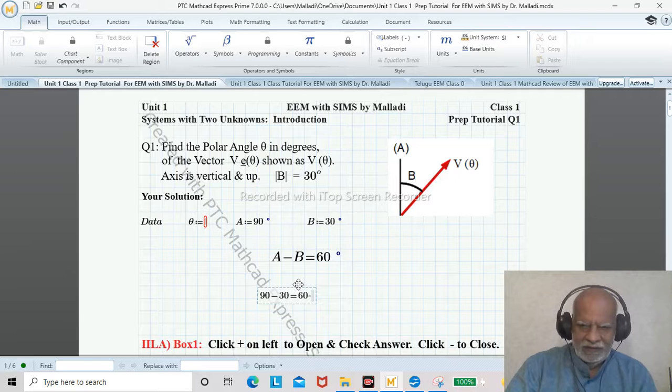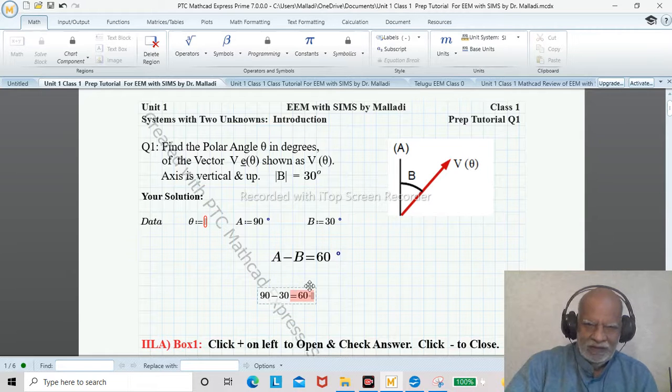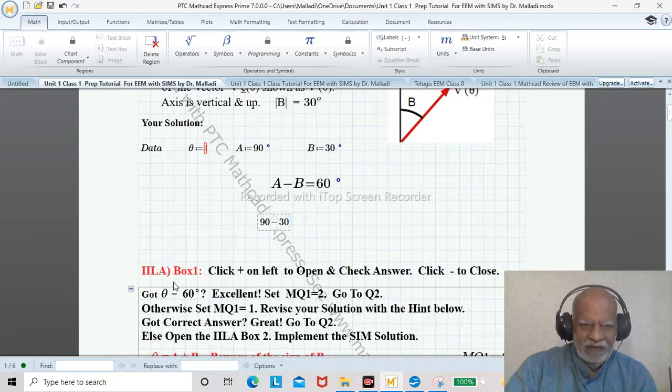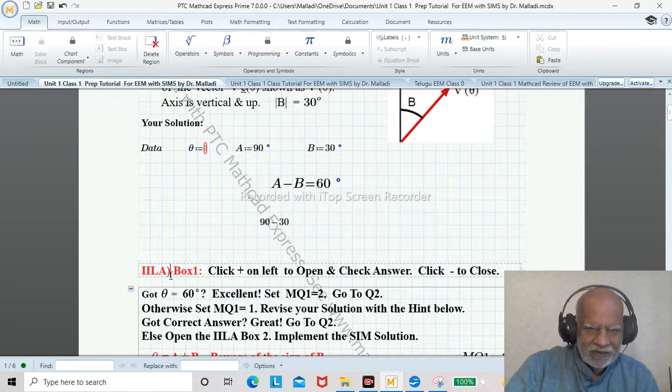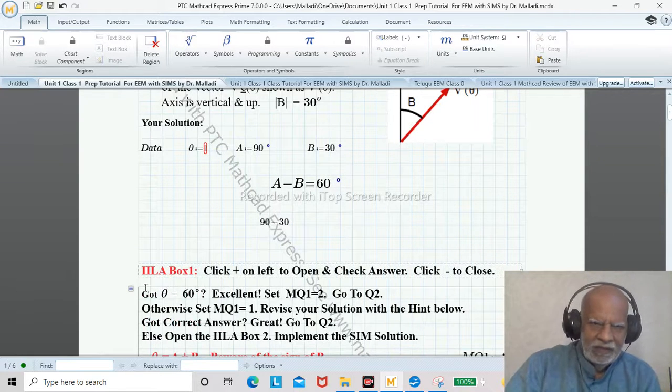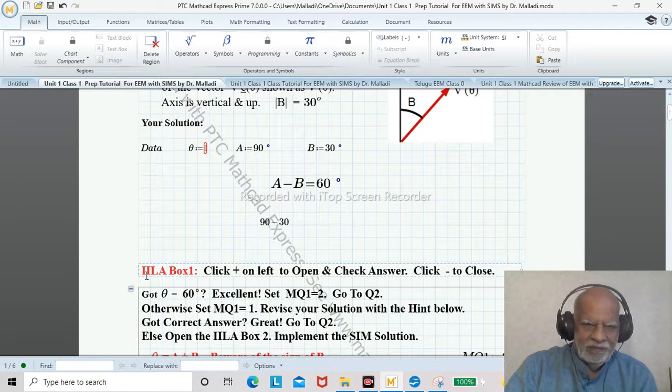Now at this point, there is an ELA box. ELA means integrated instruction learning and assessment box.